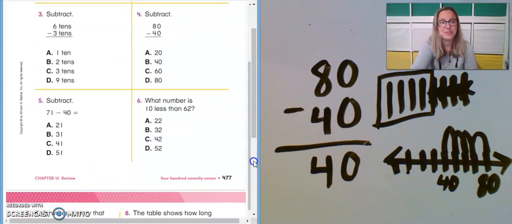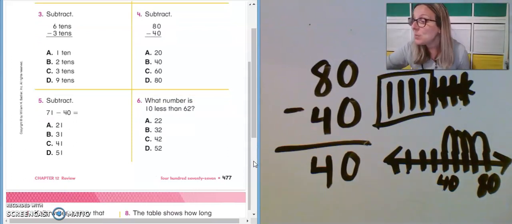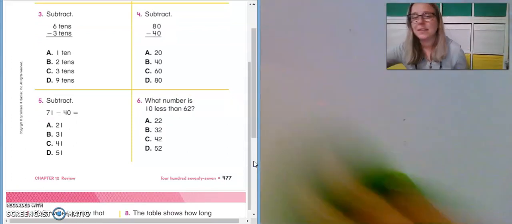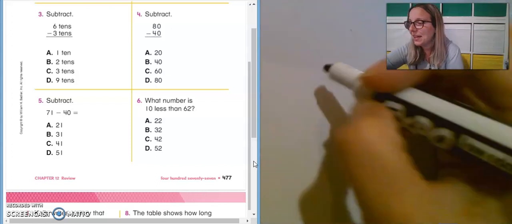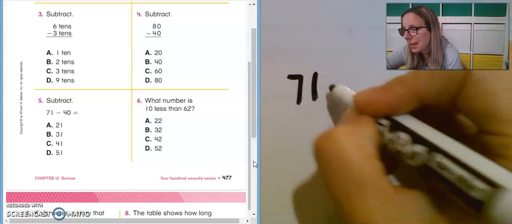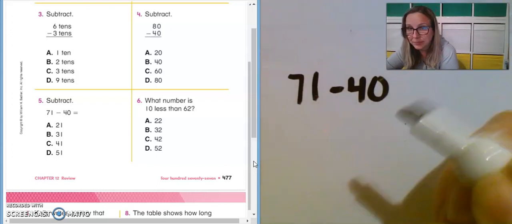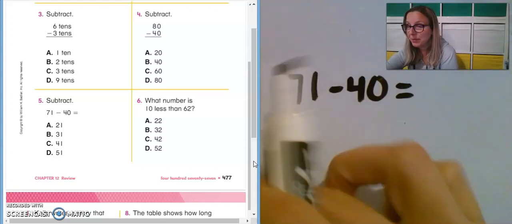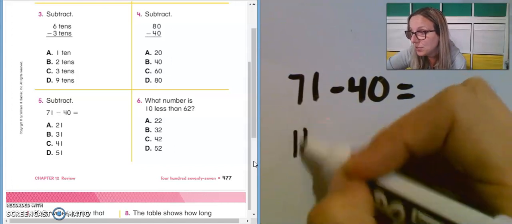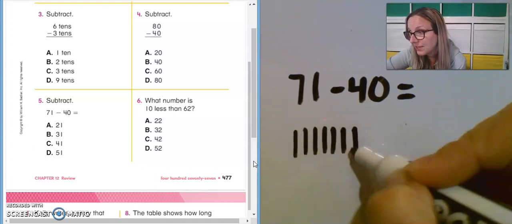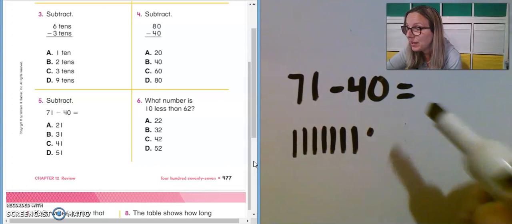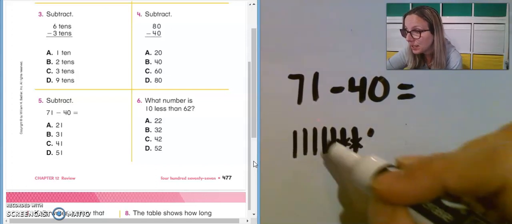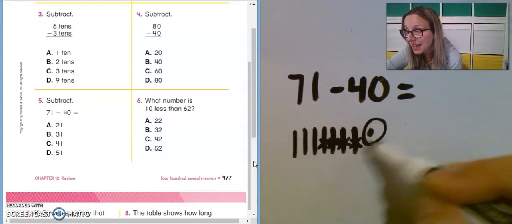All right, moving down to number 5. It says subtract 71 minus 40. So I have 71 minus 40. Now, I'm not messing with my ones. So if I were to draw this out, 10, 20, 30, 40, 50, 60, 71, and I took away 40, 10, 20, 30, 40, I still have that 1 here.